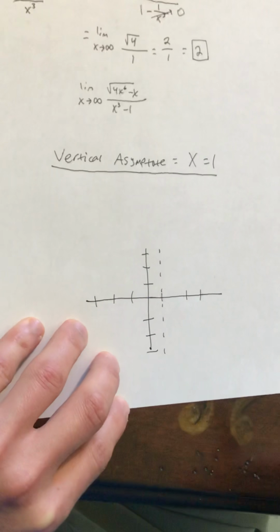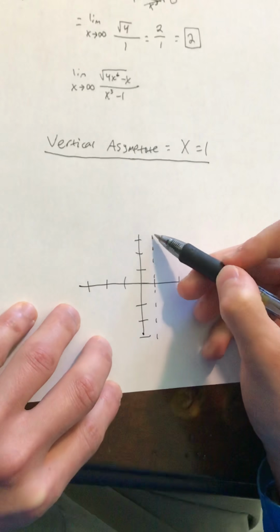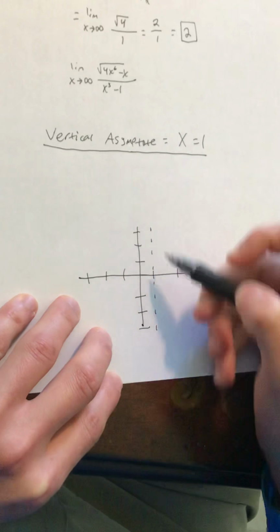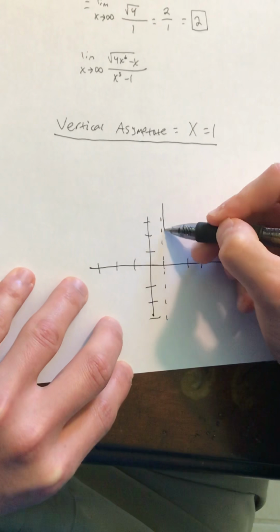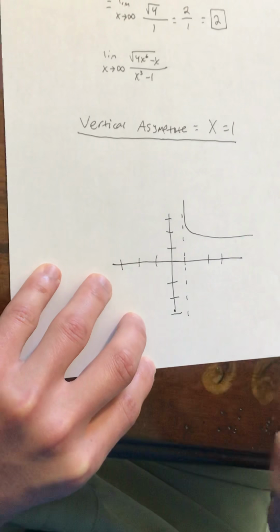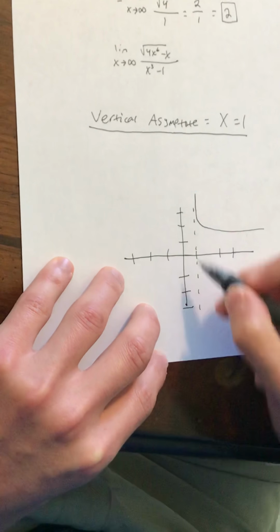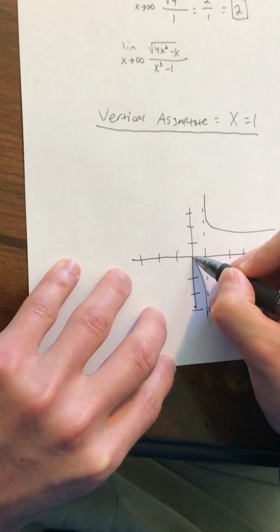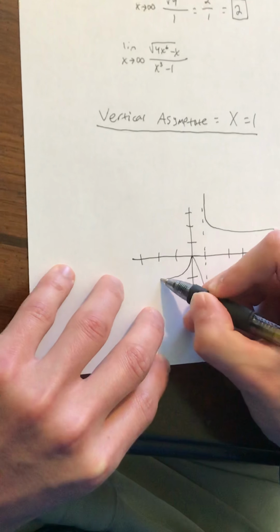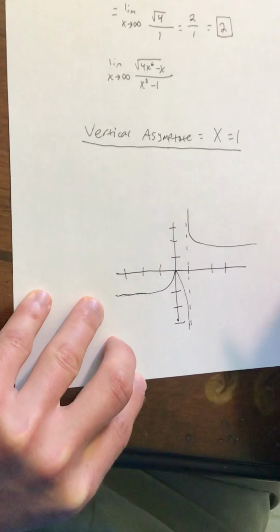On either side, the function will only approach x equals 1, but will never touch it. It'll look something like that when we plot points.